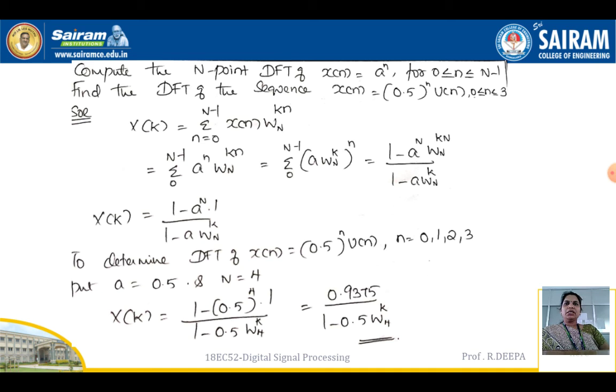So it is 1 minus a power of capital N wn power of kn divided by 1 minus a wn power of k. So later we will simplify and calculate the value of wn power of kn, which is 1 here, and finally I am getting the DFT x of k as 1 minus a power of n divided by 1 minus a wn power of k.